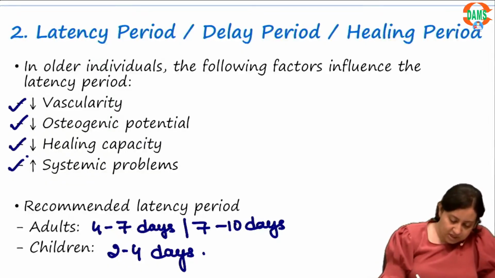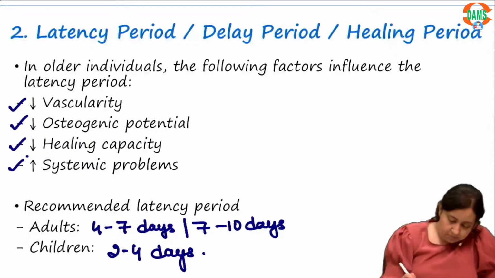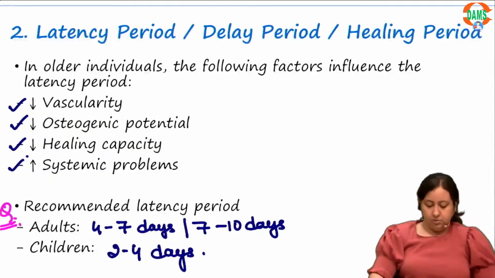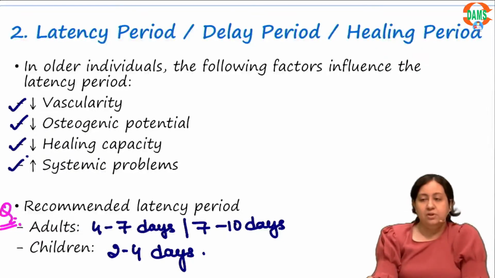So both these points are important. They have been asked as questions, and they can be asked in future as questions. So please remember, in adults, it can be either 4 to 7 days or 7 to 10 days, and in children, it can be 2 to 4 days, the latency period.